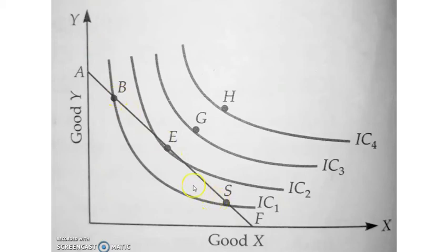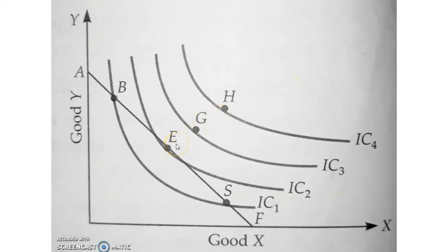Then when we take point E, which is on the budget line as well as on the higher indifference curve, that is IC2, the point E will give more satisfaction than points B and S. And these points, B and S, intersect the price line, but they are not tangent to the budget line.